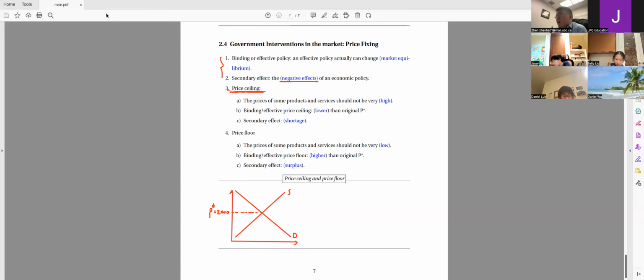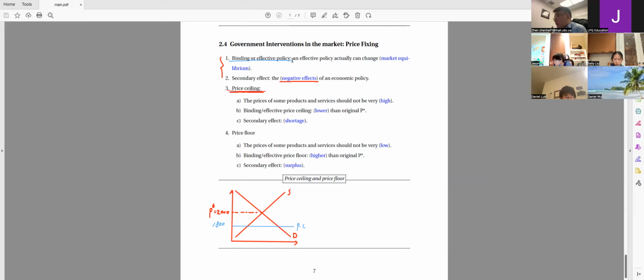To set a binding, effective price ceiling policy, remember your price ceiling must be lower than the initial P star. If the original price is $2,000, you can set a price ceiling, which you label here, of maybe $1,800 or $1,700. As long as your price ceiling is lower than $2,000, this policy is called a binding or effective policy.